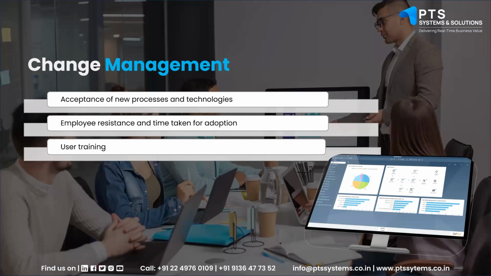There is always some level of employee resistance, and people take time to adopt any new software. In some cases, people consider SAP very difficult to adopt. Having said that, what should be done to take care of this low adoption or resistance?